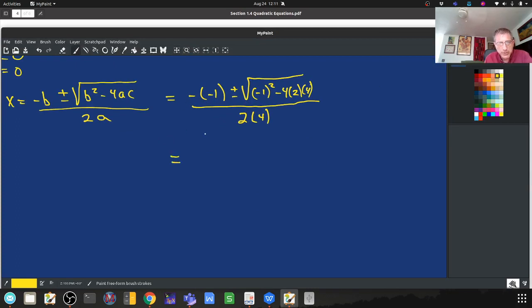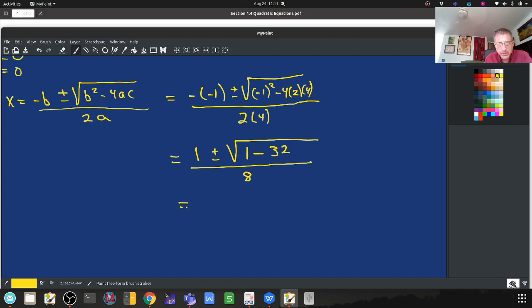So that's equal to minus a minus 1, which is 1, plus or minus the square root. Minus 1 squared is 1. 4 times 2 times 4. That's 8 times 4. That's minus 32. All over 8.